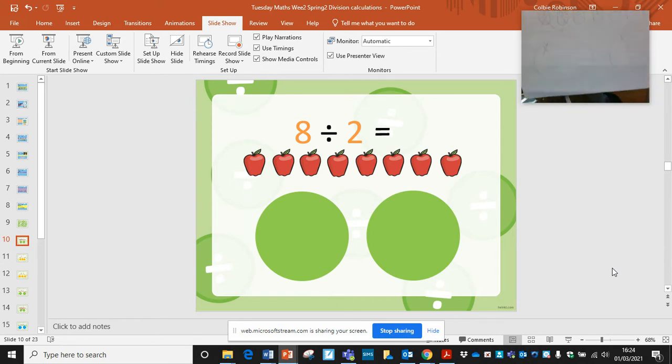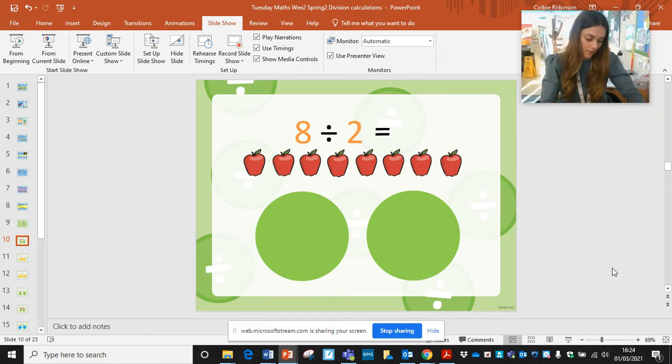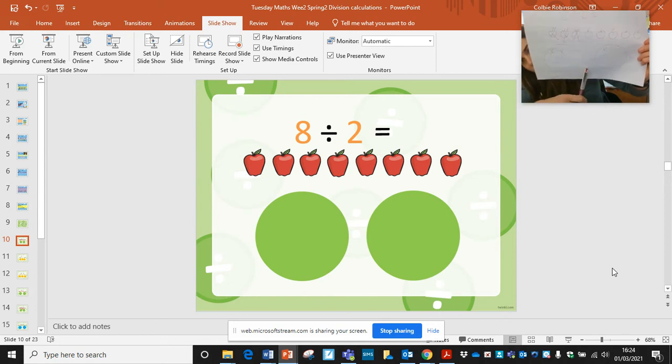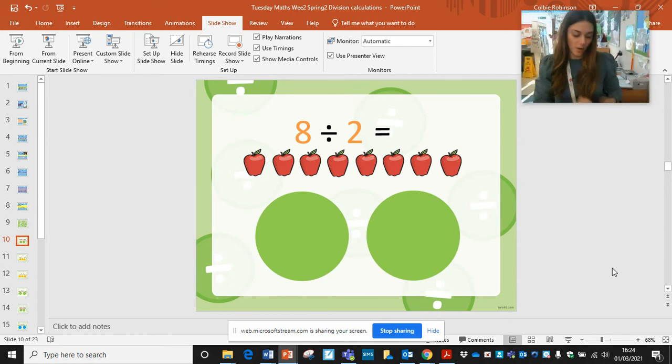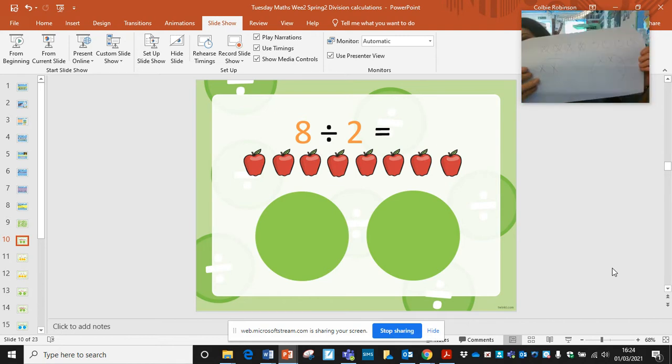Okay, and then I keep going, cross another one, back into the other circle. So I've now crossed into here. And then I would cross my next one back into the other side. Okay, let's see if I can do it on here, but it's a bit tricky. So then I'd cross out my next one, and then I'd go back into this group.